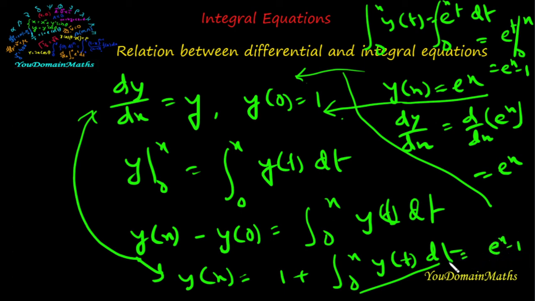So y of x equal to e to the power x is the solution of the differential equation with the initial condition, and also the solution of this integral equation, because this integral equation is satisfied by y of x equal to e to the power x.